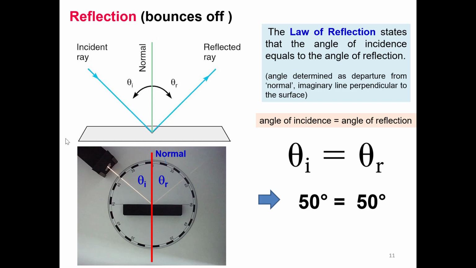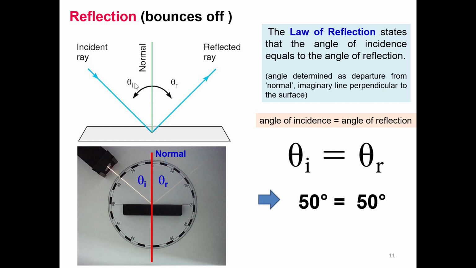Here in this picture we have a specular reflection for one ray. The incoming light is called the incident ray, and the outgoing light is called the reflected ray.